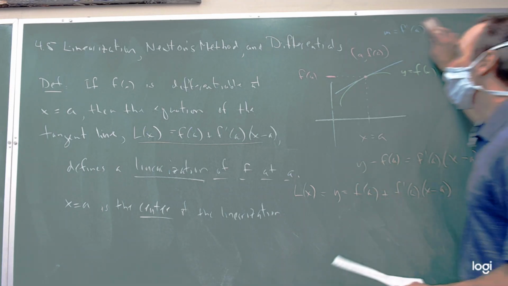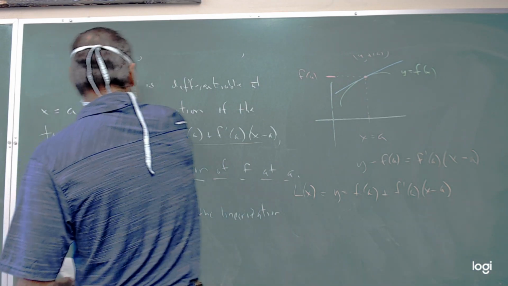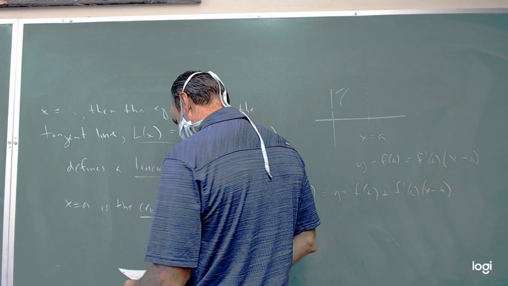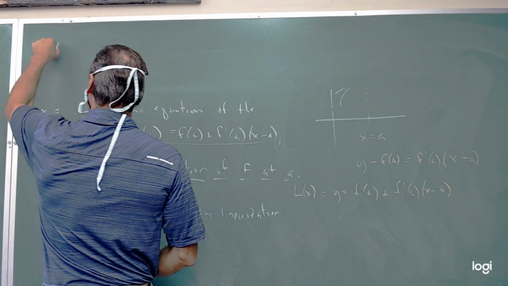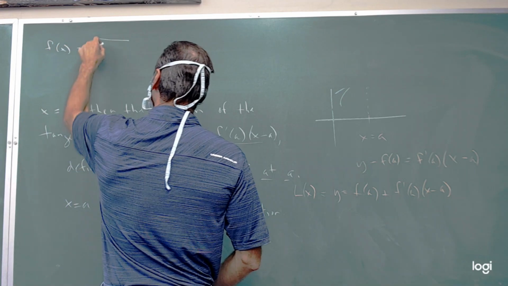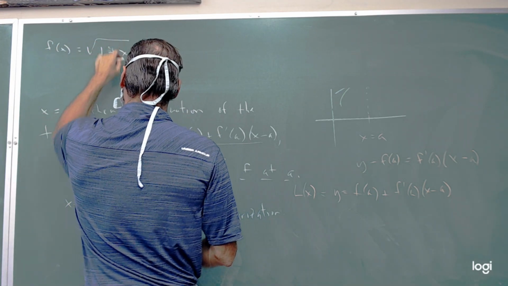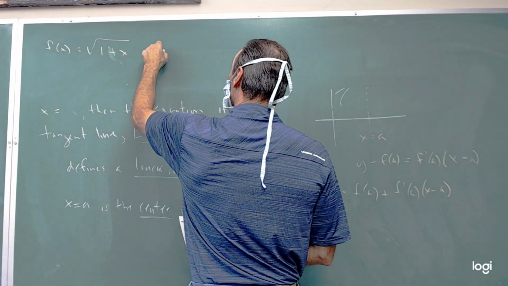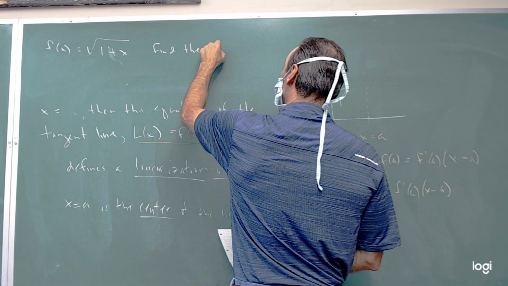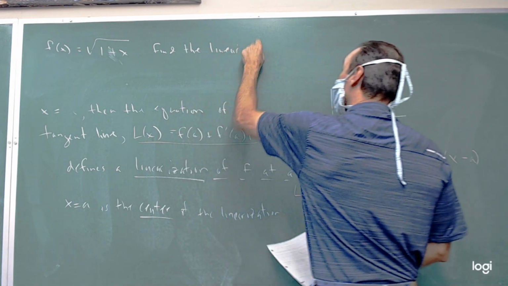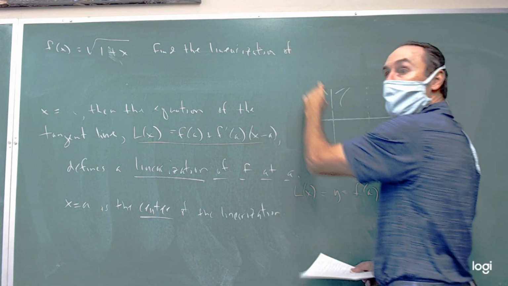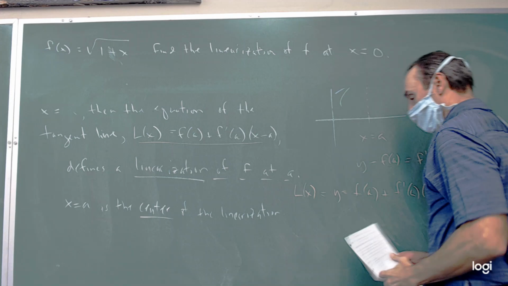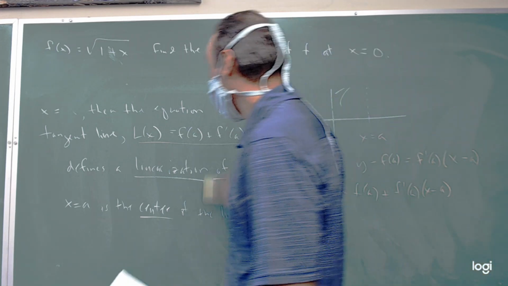So you know how to find an equation of a tangent line, and you know how to then use that tangent line to approximate values of a function. So let's do that. Let's say f of x is the square root of 1 plus x. Find the linearization of f at x equals 0.